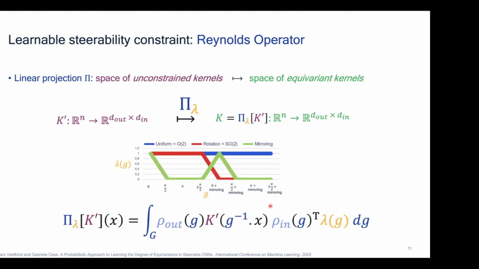My question was, can lambda be parameterized also by X? Oh, that's an interesting point. We did not really try that yet. It could be possible. That would be quite similar to a few lines of work that try to learn these equivariant frames.